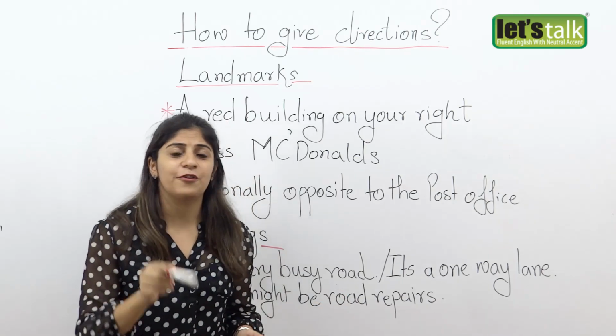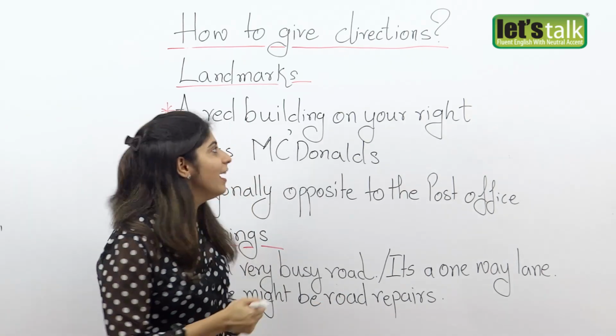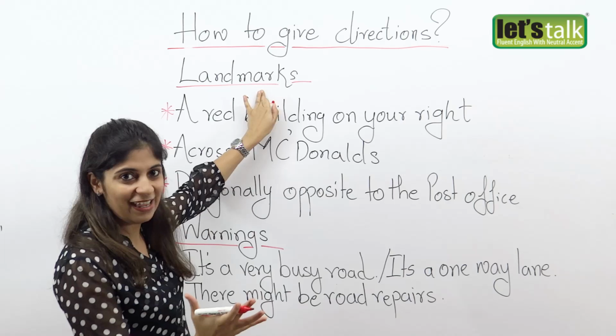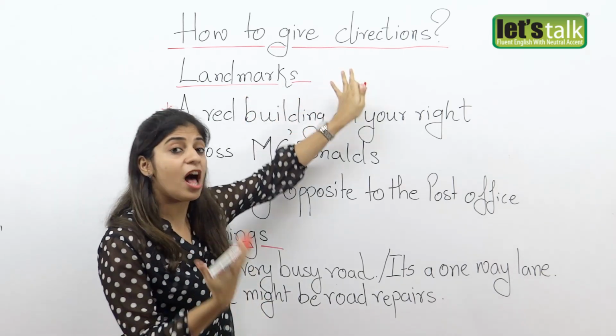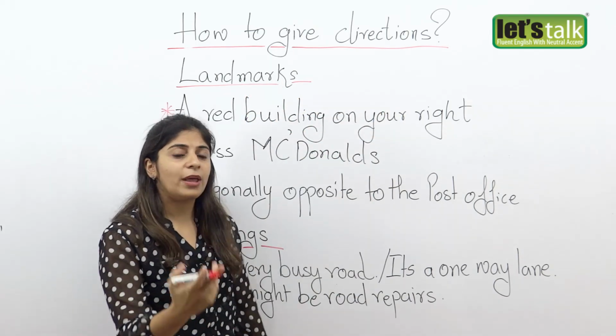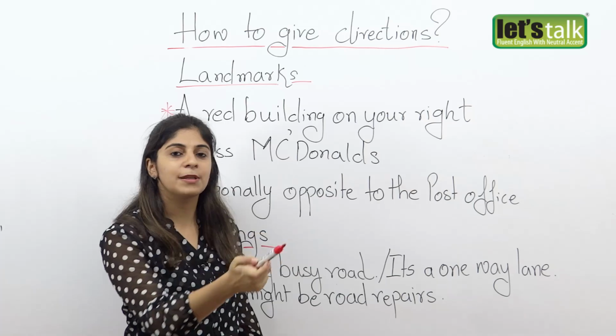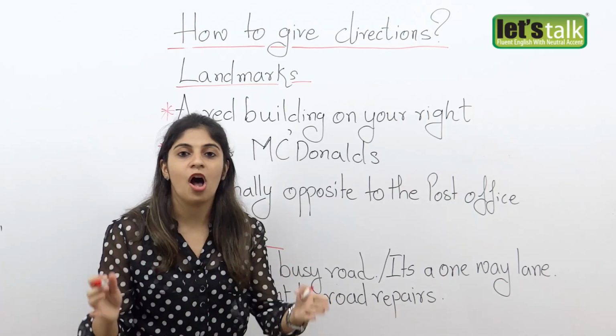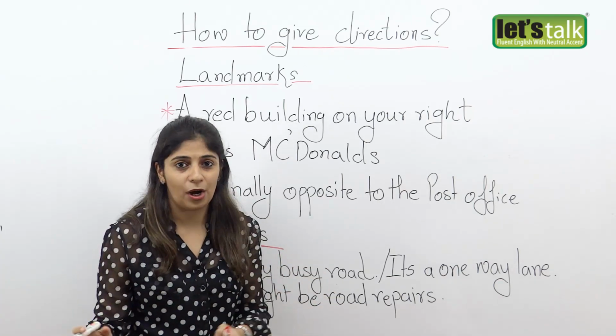So it is easy for the person to locate it. Maybe a big hospital. If you say you would see the Apollo Hospital on your left, then Apollo Hospital would be your landmark.